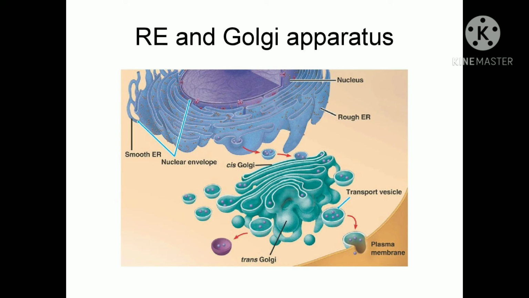This is a somewhat clearer picture. Here you can see the nucleus, the rough endoplasmic reticulum, the smooth endoplasmic reticulum marked here, the nuclear envelope, the transport vesicle, and also the trans Golgi and plasma membrane in this Golgi apparatus diagram.